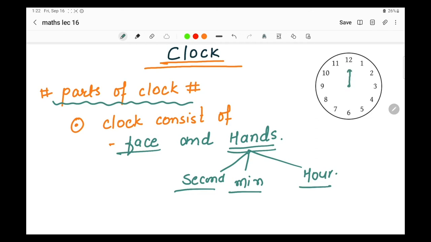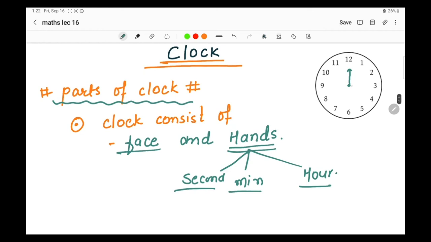The minute hand is constantly showing the minutes. The second hand is the one having a circular motion constantly. The minute hand shows the minutes, and the hour hand denotes the hour.